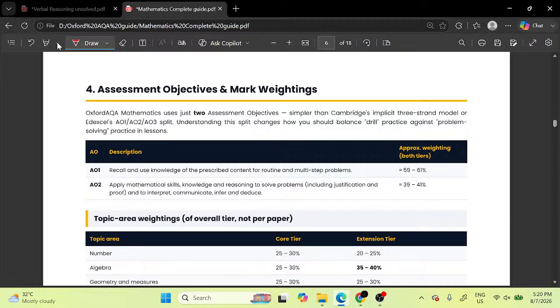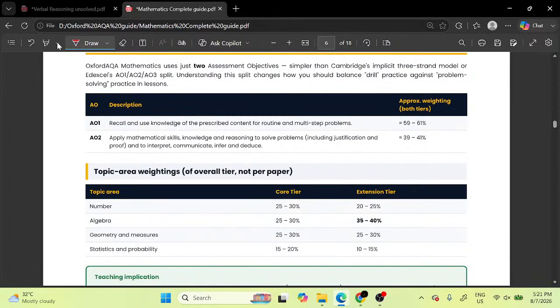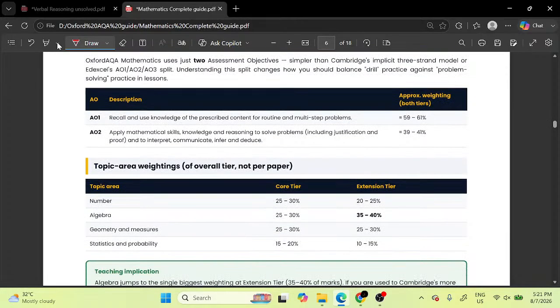AO2 is apply mathematical skills, knowledge and reasoning, solve problems including justification and proof, and interpret, communicate, infer and deduce. In Cambridge there are 3 assessment objectives, so it's a bit easier to cover the topics here.